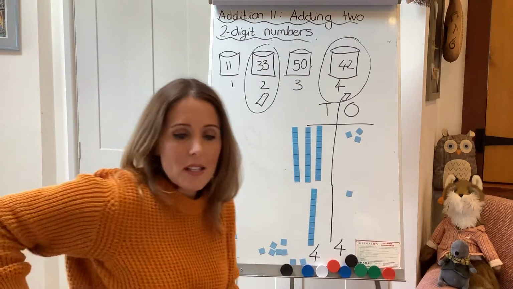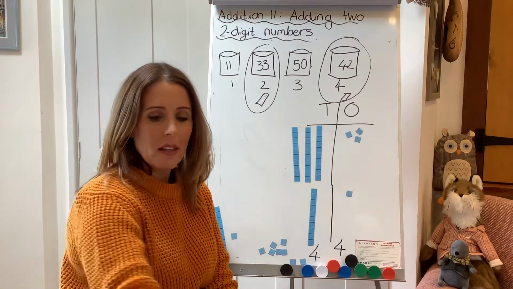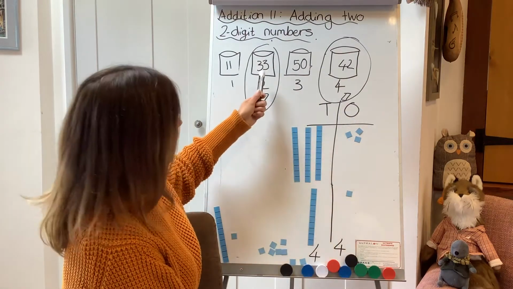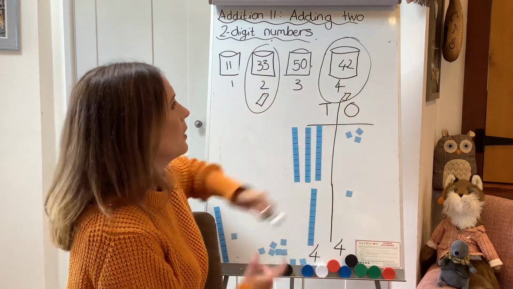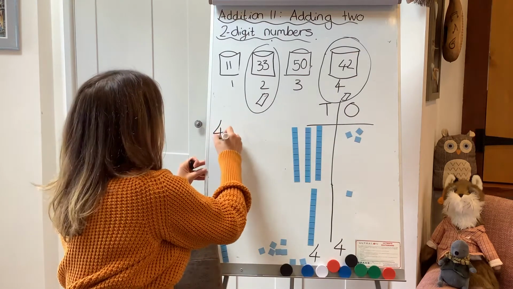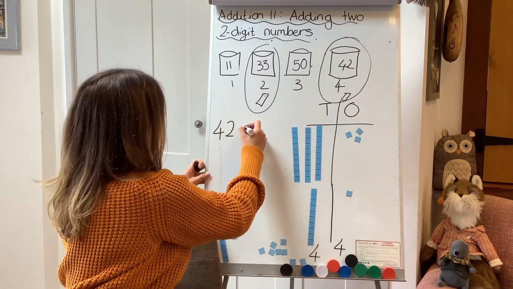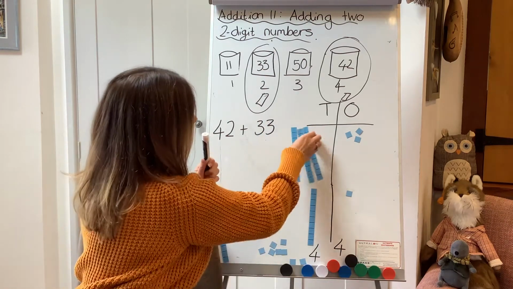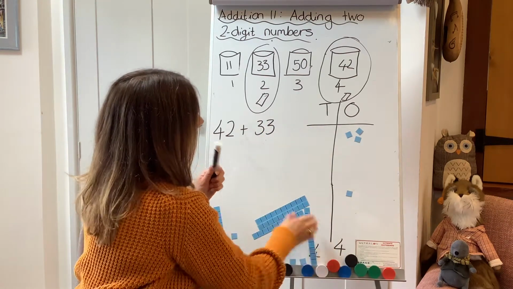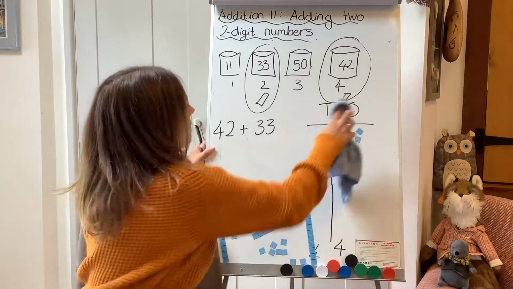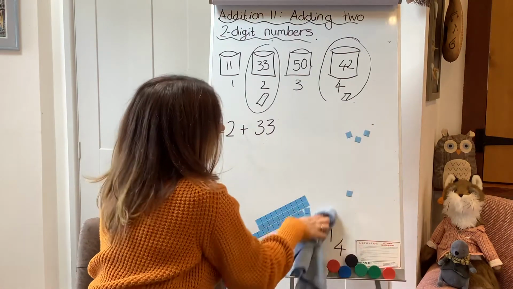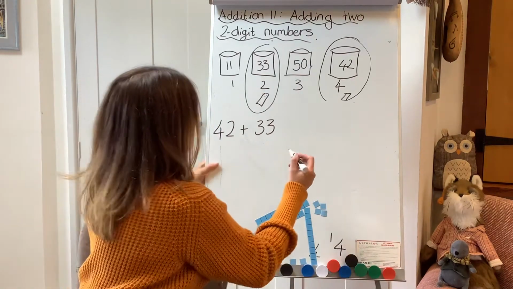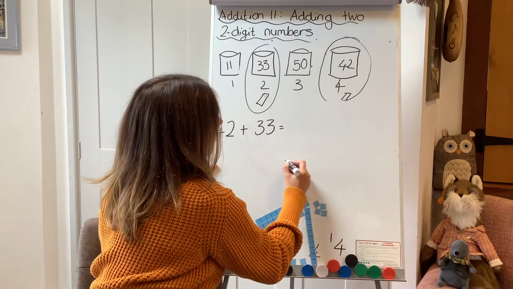Okay, so this time Drew's been throwing the beanbags in. So he's got 42 and 33. I hope you started with the number 42 because it's the bigger number. I'm going to show you this first using a number line, for those of you who did it in a pictorial way.